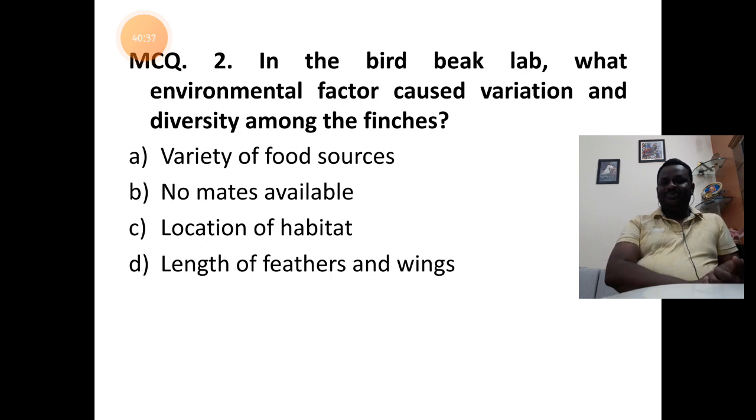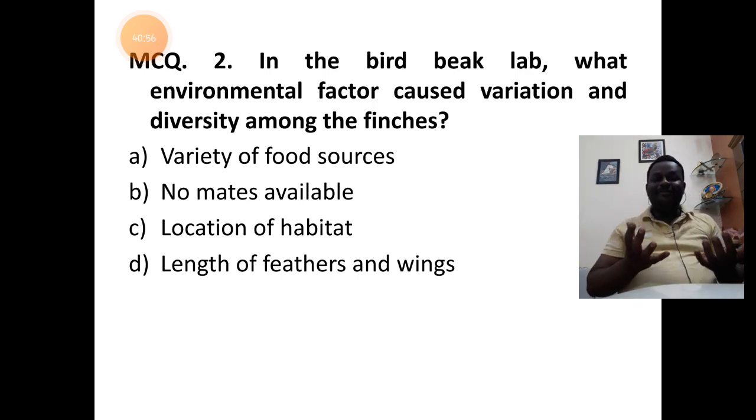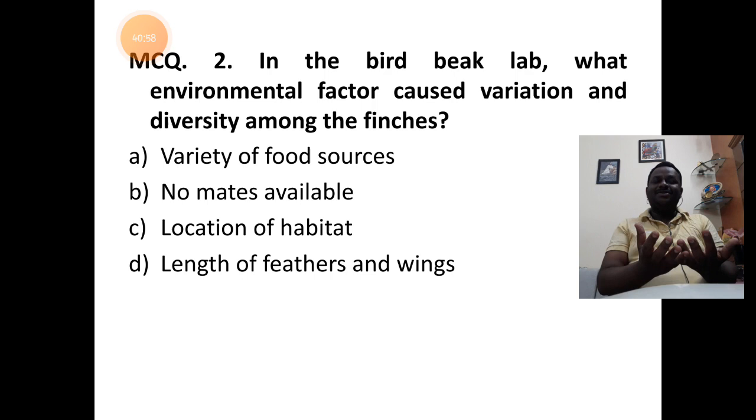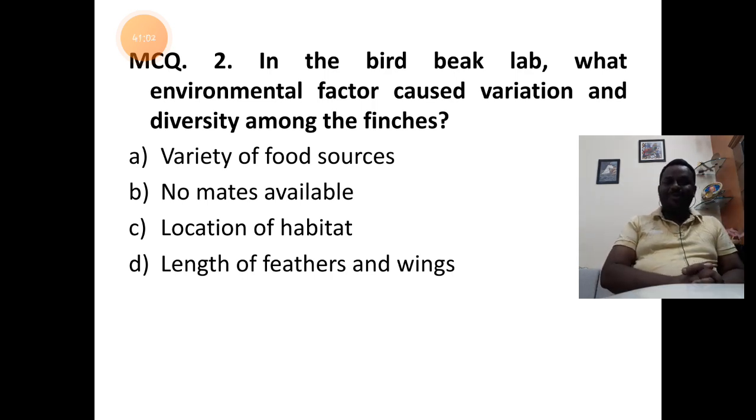Question 2. In the bird beak lab, which is what we have understood of Galapagos finches by Darwin, what environmental factor caused variation in diversity among the finches? What was the causative factor for the finches to have different beaks, modification in the beaks, different diversity of finches, how are they formed?